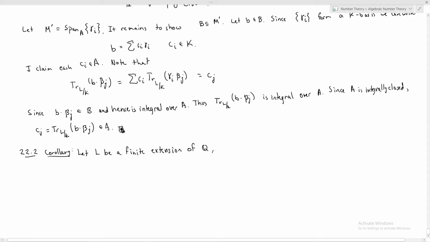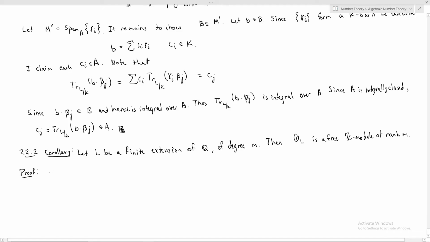Let's say of degree m. Then O sub L is a free Z module of rank m. Okay, and how do we prove it?